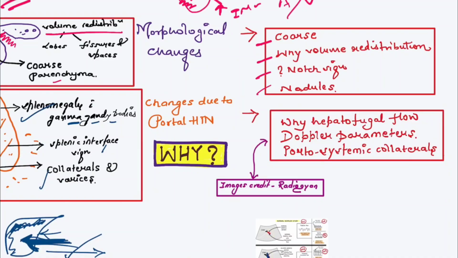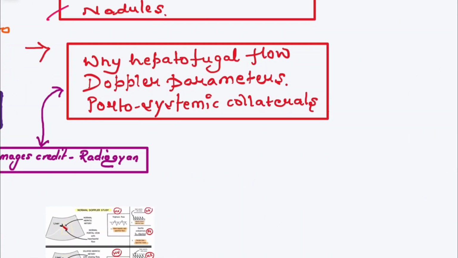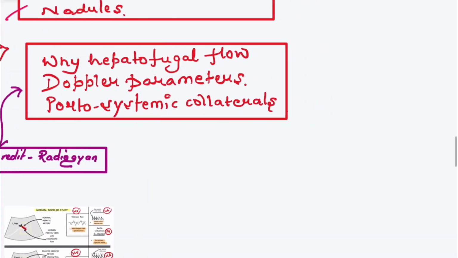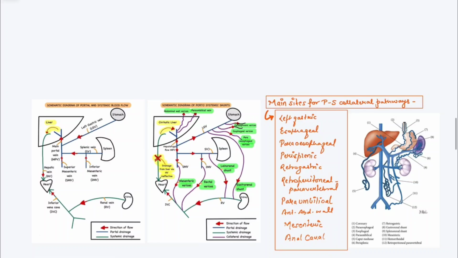We will look at the Doppler parameters also, but before that let's see the portosystemic collaterals. The image credit here goes to Radiogyan; you can read that article there also.